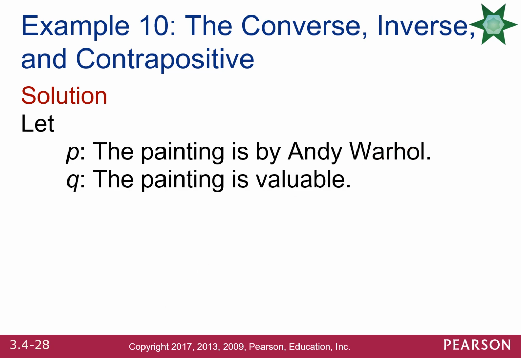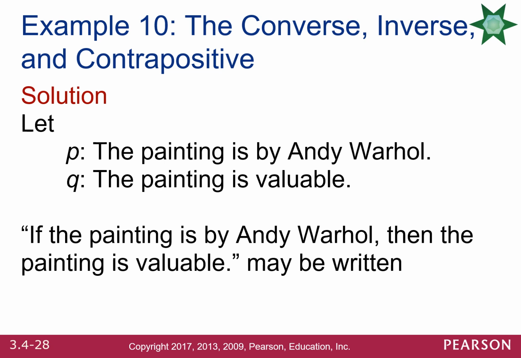And Q represents the painting is valuable. All right. So the next step would be to write it in symbolic form, correct? So if the painting is by Andy Warhol, then the painting is valuable. So we just have to write the conditional of this, correct? So it would be if P, then Q.